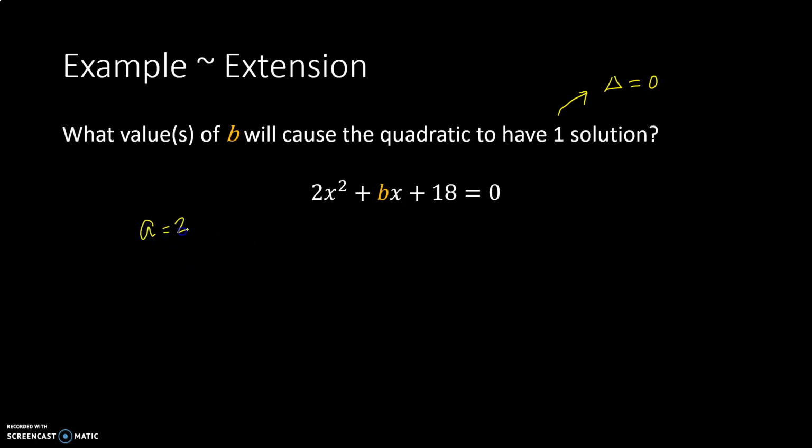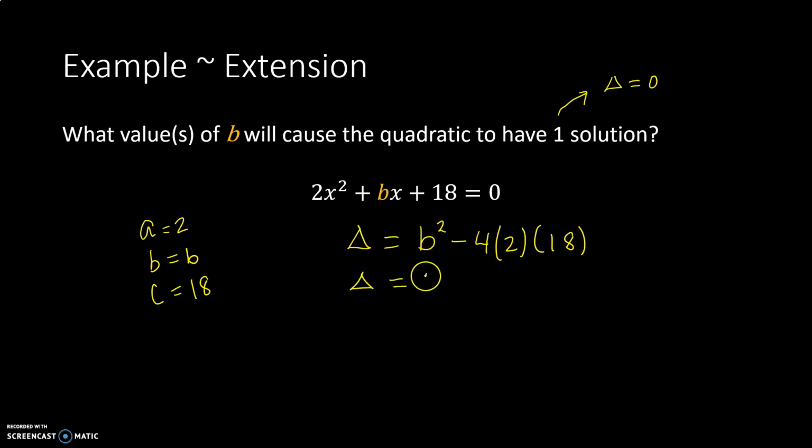So a for us is 2, b is b, we don't know what that is, c is 18, and so we're going to set it up as the discriminant is equal to b squared minus 4 times 2 times 18. So the discriminant is equal to b squared minus 8 times 18, which is 144.